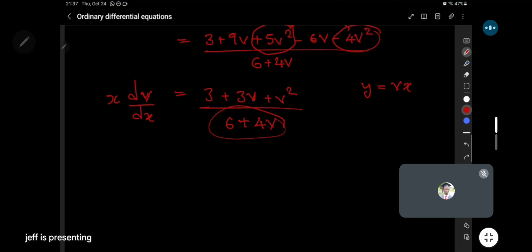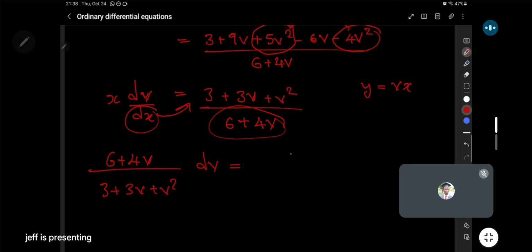Cross multiply. The 6 plus 4v will multiply up here. Down here, we'll have the 3 plus 3v plus v squared. It will multiply downwards, while the dx will multiply up. We still have the dv here. The dx will multiply up, and the x will come down.